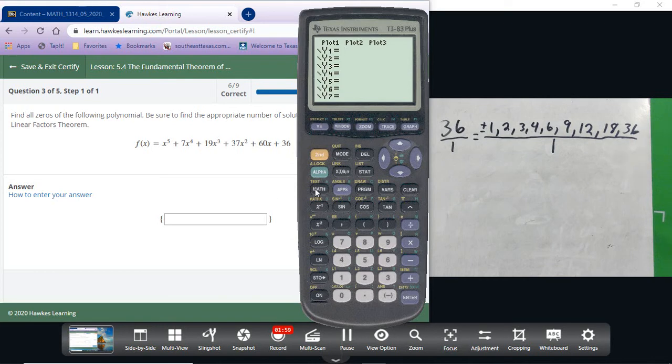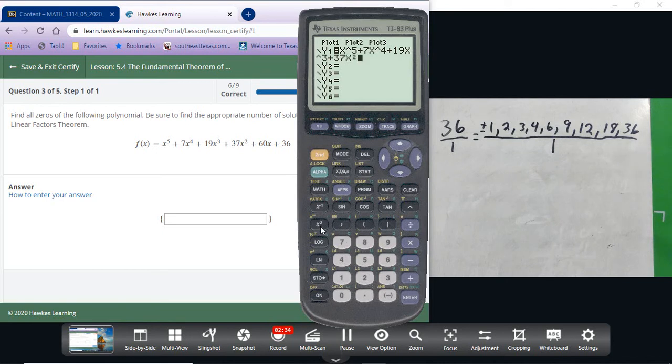We're going to do x, which is next to the alpha button, and then raise it to the 5th power, so that's x to the 5th, and then plus 7x to the 4th, and then plus 19x to the 3rd, and then plus 37x squared.